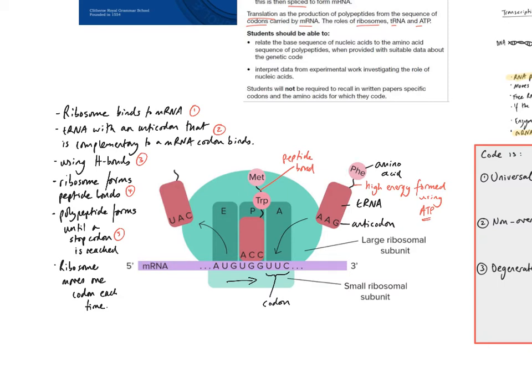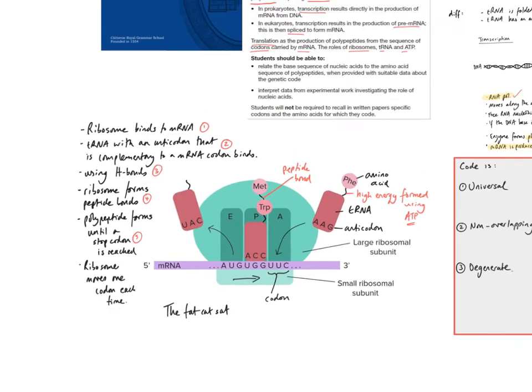Okay, I always talk about the fat cat sat. I read it in threes. If I read it in ones, I'd say the fa effa fat atka taka cat. Yeah, it would be nonsense. So yeah, that's why we have the non-overlapping code, which I'll get to in a minute.